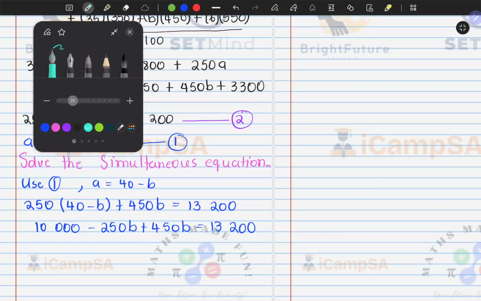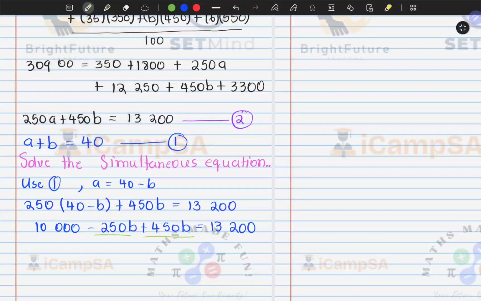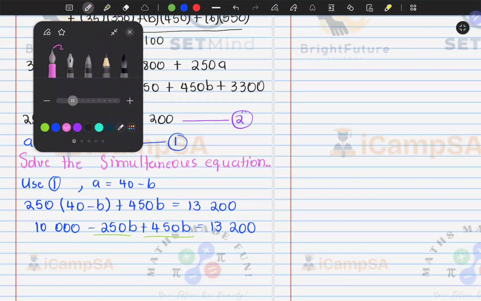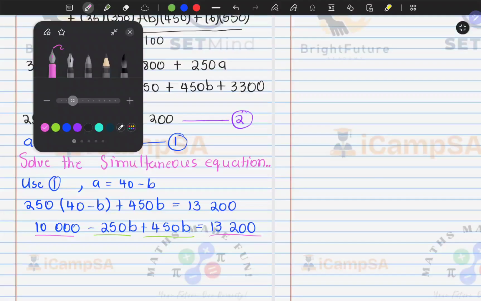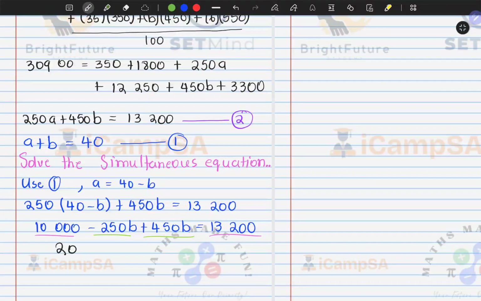So if we quickly sort this out on the side, the greens, and then collect the pinks, you'll have 450 minus 250, which will end up giving you 200. So you'll have 200B equals 13,200 minus 10,000. And that will give you 3,200.